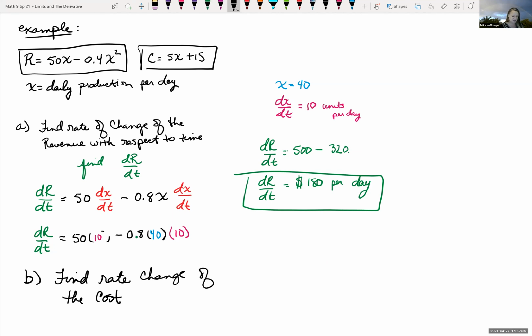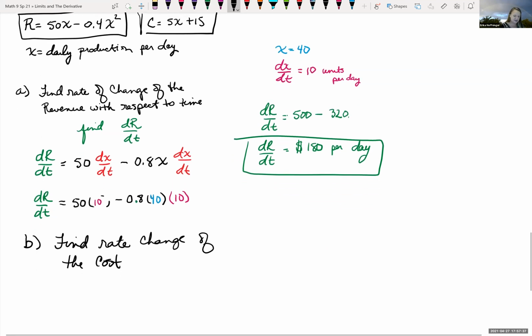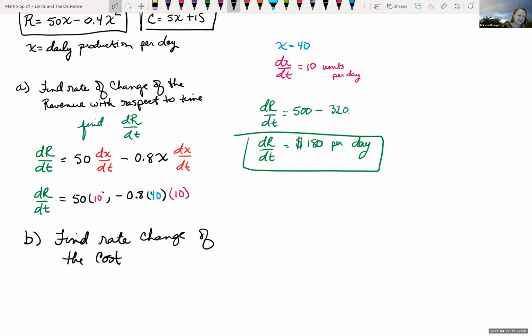So we're going to take the derivative of C. We know that dC/dt is equal to the derivative of 5x, which is 5 times dx/dt, plus the derivative of 15, which is 0.